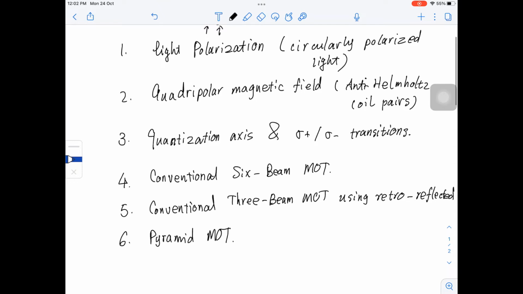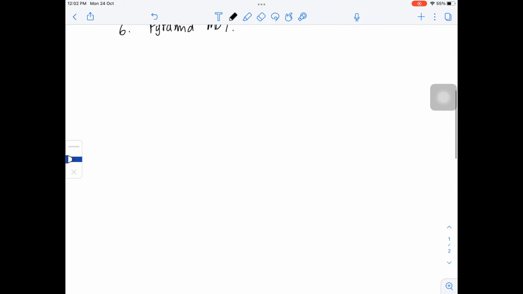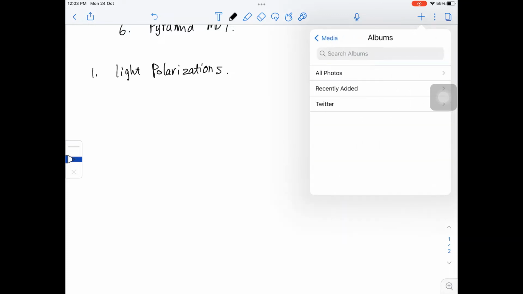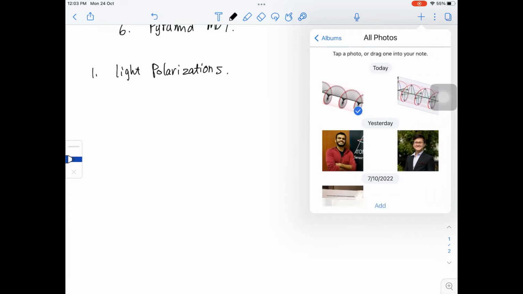First of all, the light polarization. I would like to add some photos.